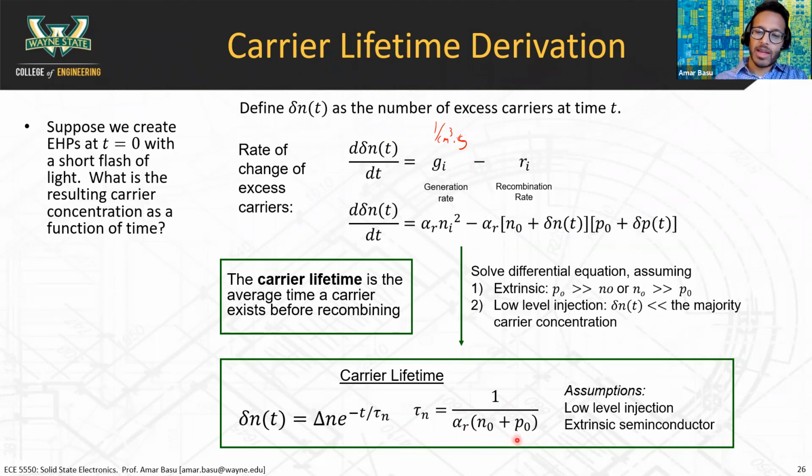The larger N0, the more electrons and holes you have, the smaller the carrier lifetime. Okay, so that all just came out of solving this differential equation. This is a good equation to remember in your head. Like, so what determines the carrier lifetime? This is what determines it.